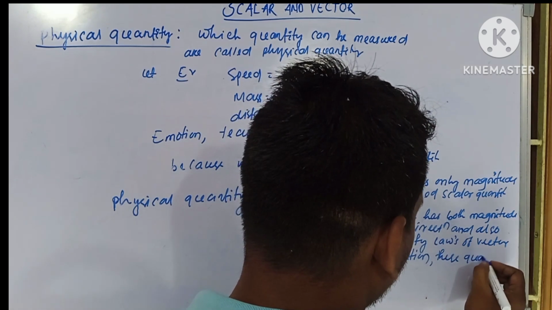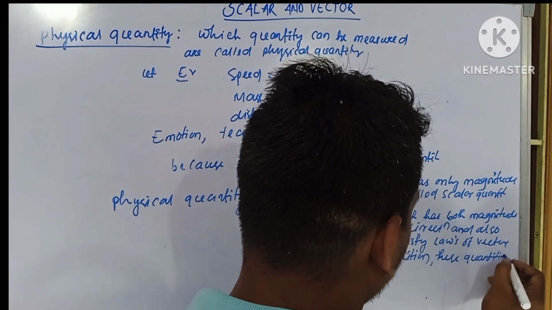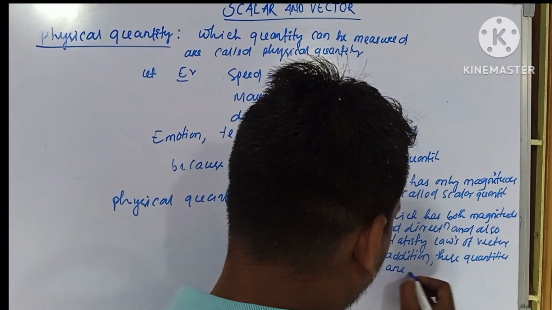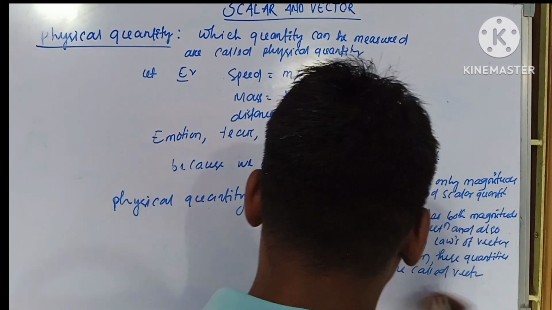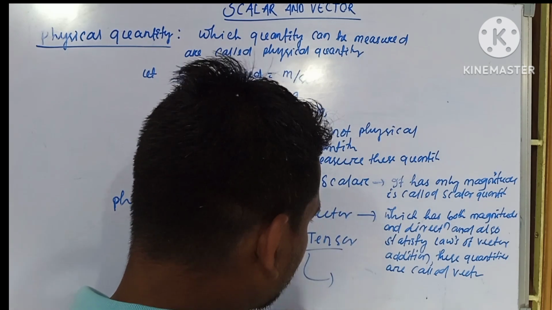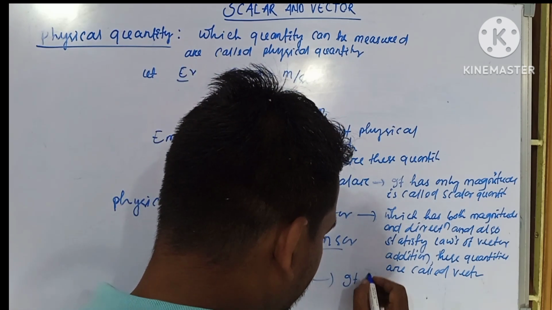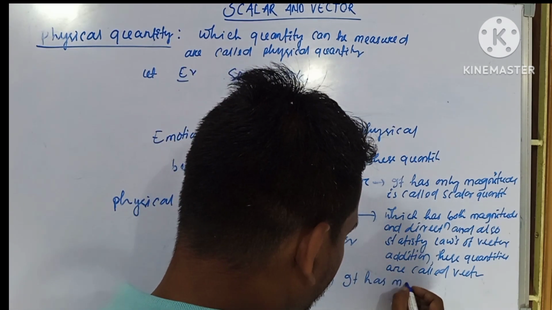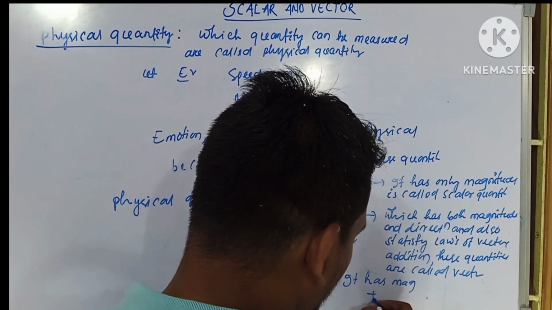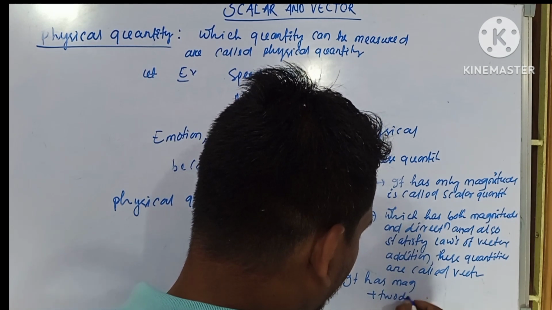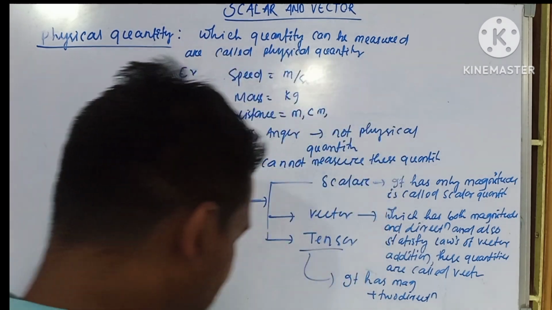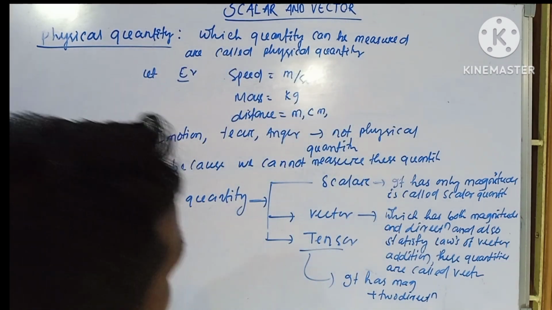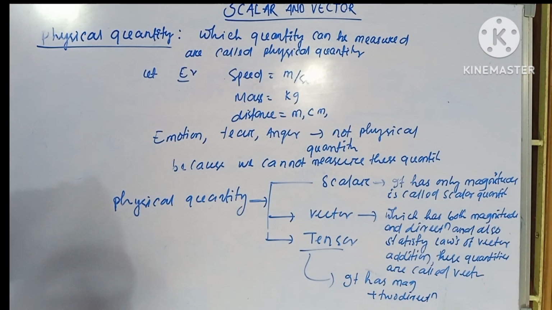These quantities are called vector quantities. And tensor means it has magnitude plus two directions.